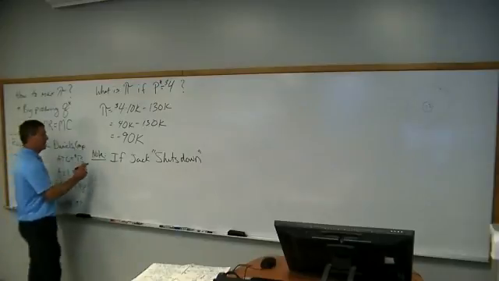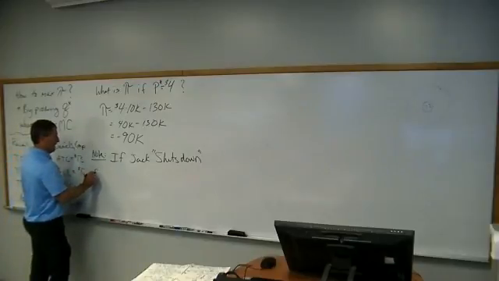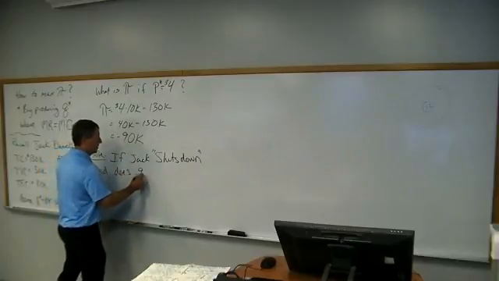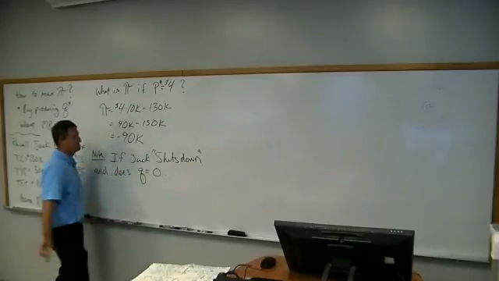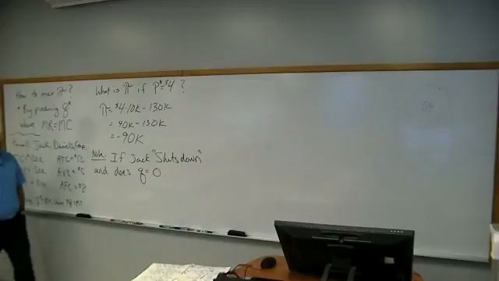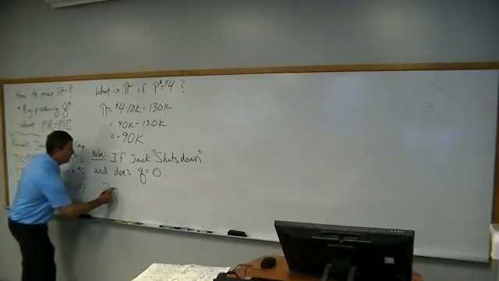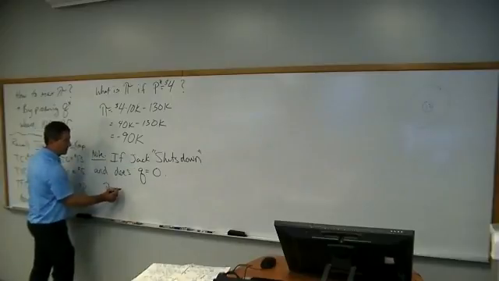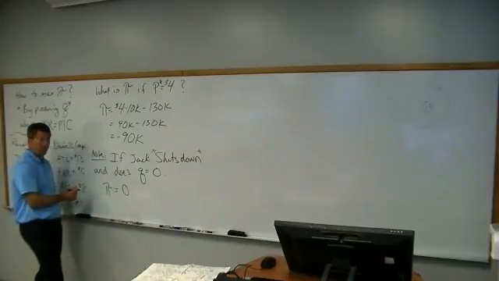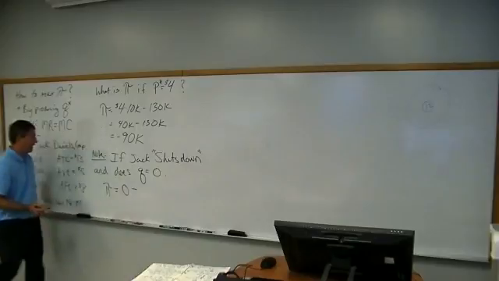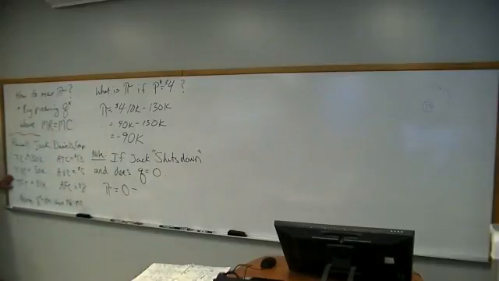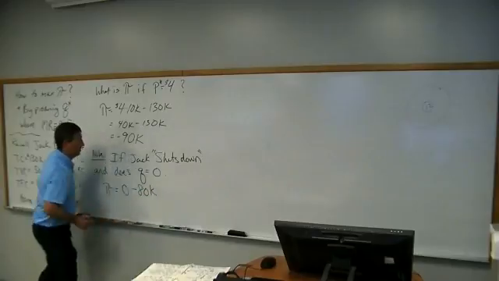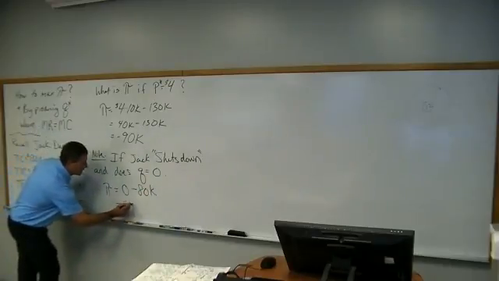If Jack shuts down and does Q equal to 0, then my profit equation is total revenue of 0 because I produced nothing, minus my $80,000 of fixed costs. And so I lose $80,000.